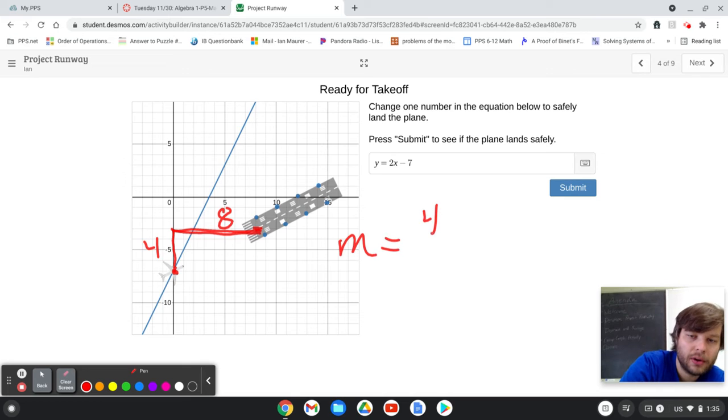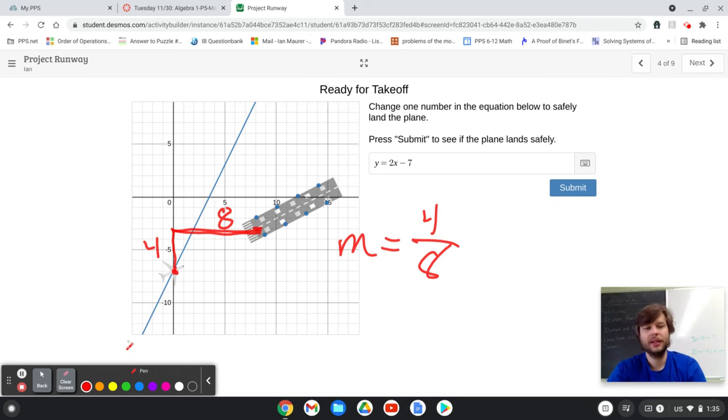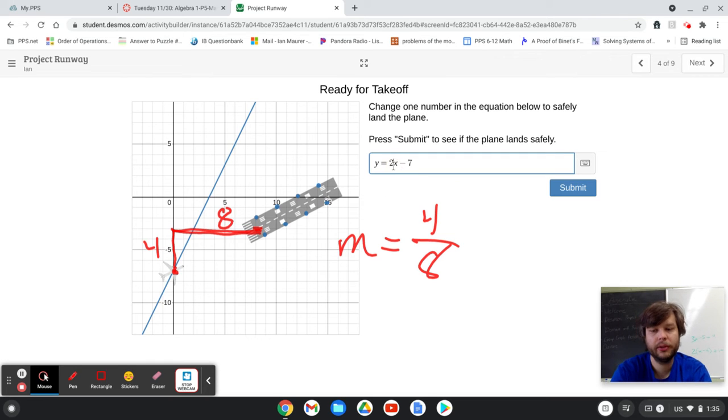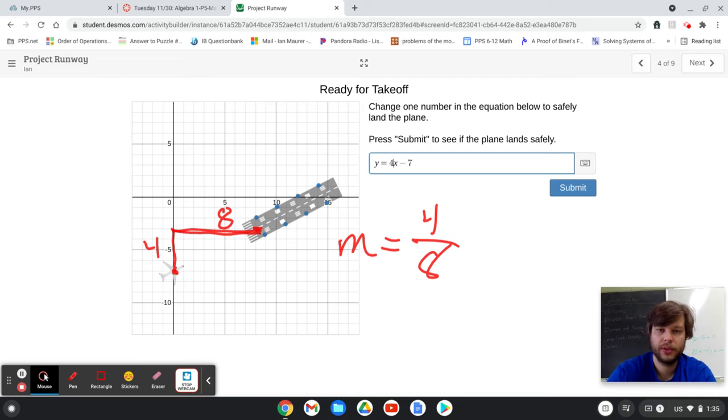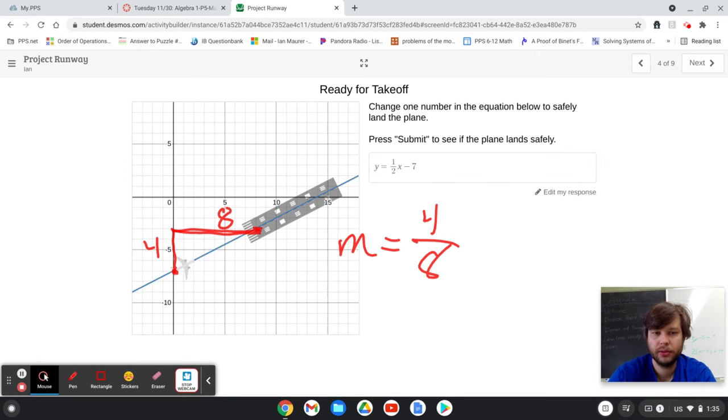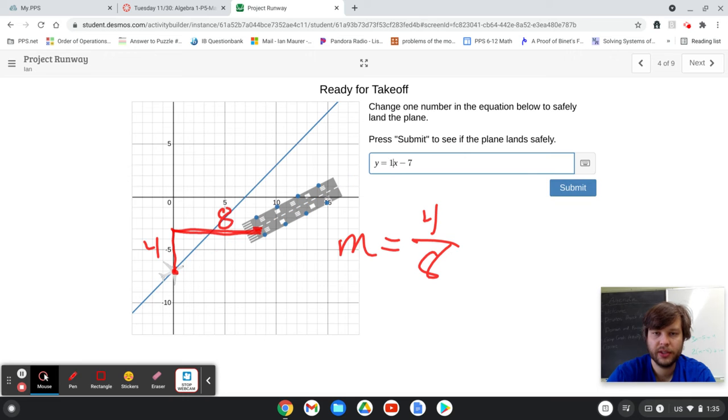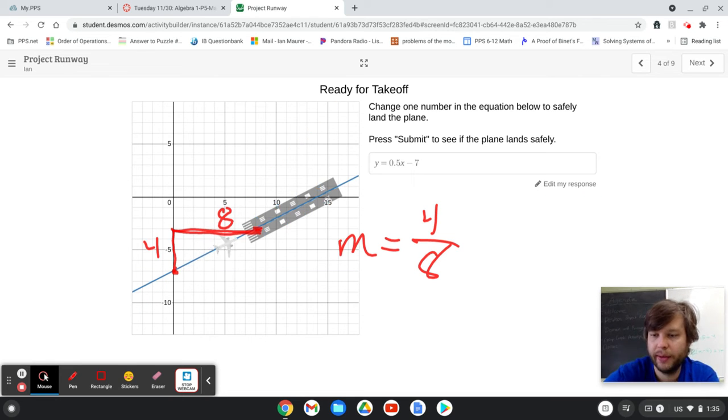That's an m of 4 over 8. I could type in 4 over 8 as my slope, so I change the number to 4 over 8, hit it, and it flies right along the line as is expected. 4 over 8 is not a simplified fraction, so I could have typed in 1 over 2. It would have been exactly the same. Many of you working on this activity just guessed and checked that it would be a decimal and got it to be 0.5.